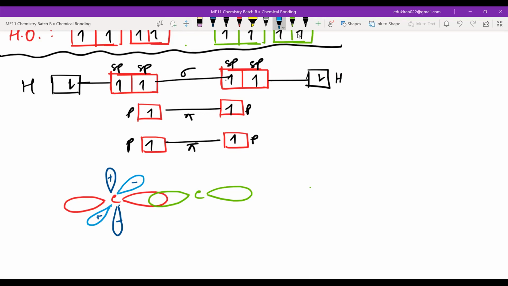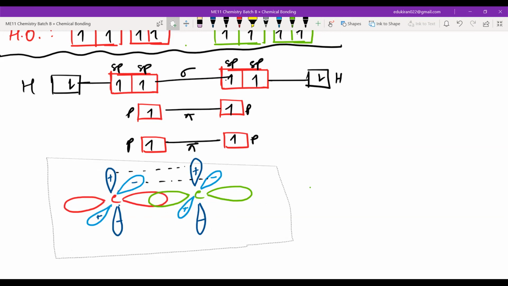The signs are not important. I have just shown them with different signs so that you will know. So this is minus, this is plus. Then you have another p like this. Okay, this is plus and this is minus. Now how the interaction will be taking place, this and this are interacting and these two are interacting.